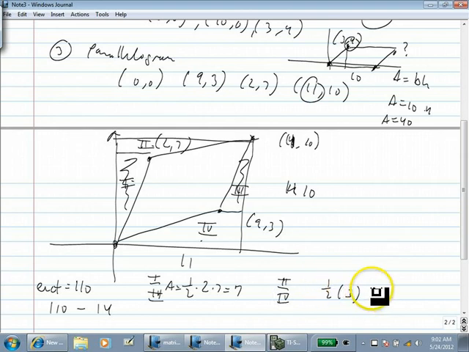The height of the trapezoid is 3, and the two bases are 2 and 11. We end up with 39 over 2, but there's 2 of them, so it's minus 39. And the answer ends up becoming 57. So it's an involved question, but it is possible with some work.